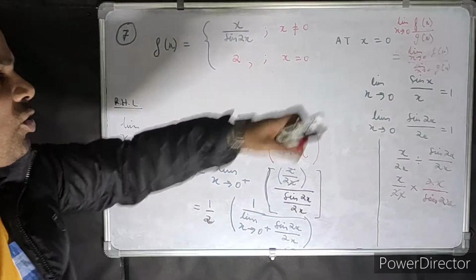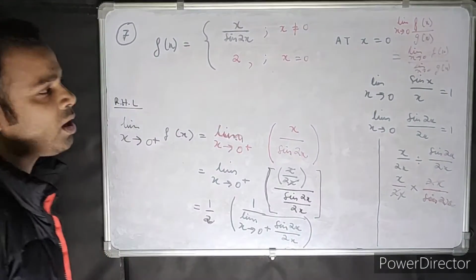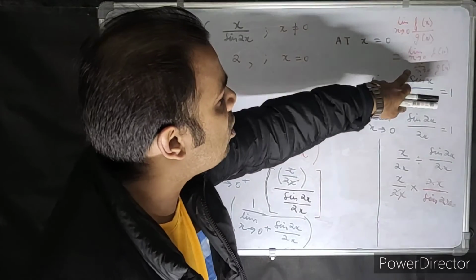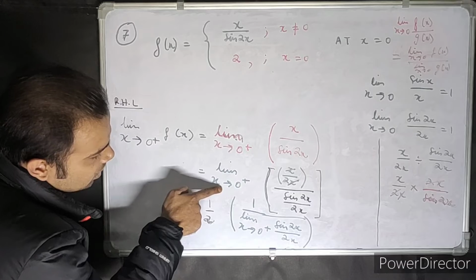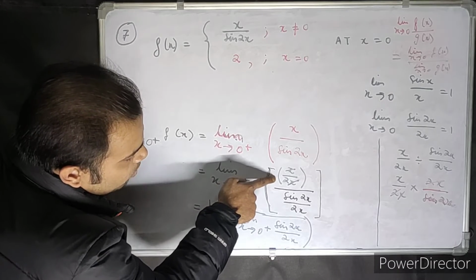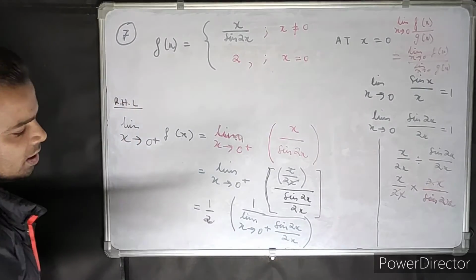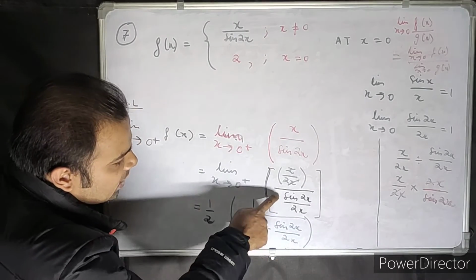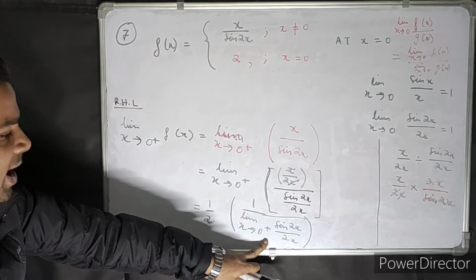That means the limit is distributed to the numerator and the denominator also. Same way over here, this limit is distributed. Since the numerator is 1, I didn't write anything, but the denominator is not 1, it's sine 2x by 2x, so over here I have written the limit.